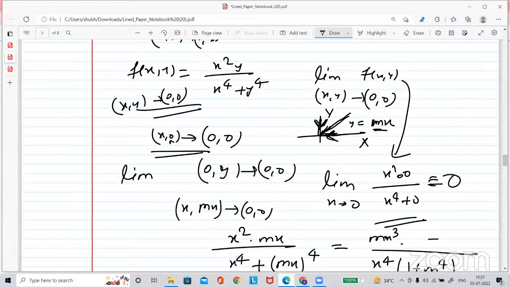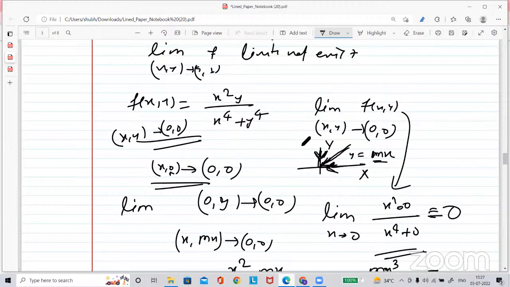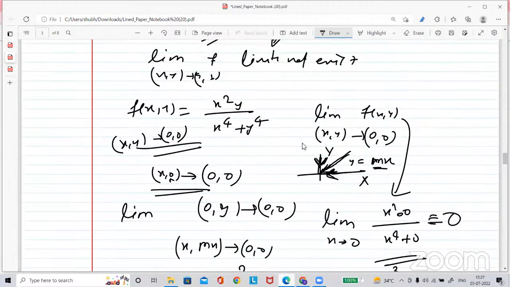So up to 3 paths, we know how to try, but can there be a case where all these 3 will exist and then we have to think of something else? Let's assume I am approaching (0, 0) along this line, y is equal to mx square. I don't know, some quadratic equation is there. A quadratic curve.